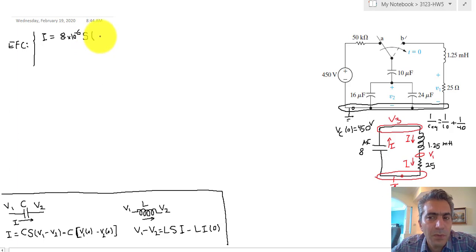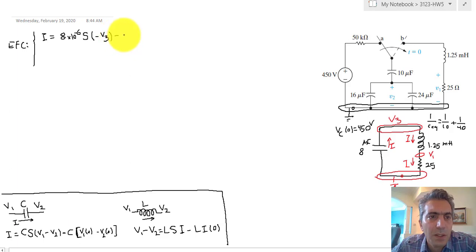times V1, which is 0, minus the voltage on top, which we called V3. So V1, the voltage on one end minus the voltage on the other end, which for this circuit is 0 minus V3.